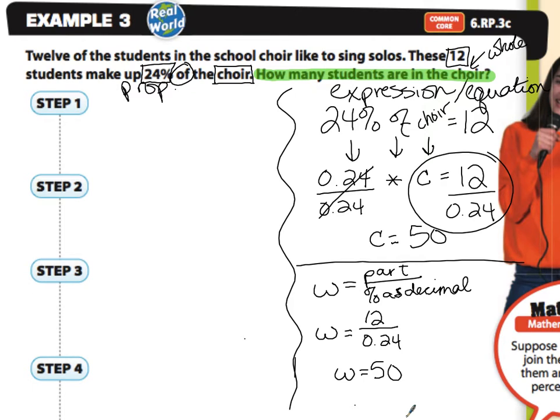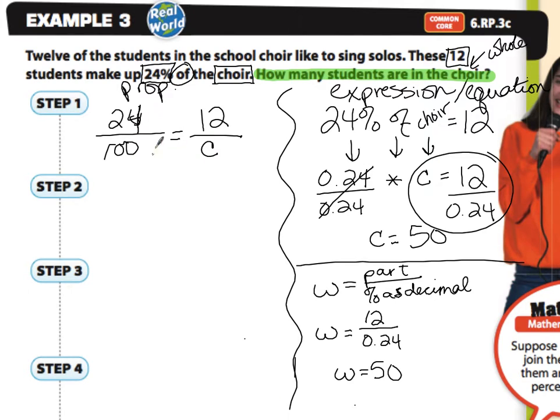Let's go back to the proportion, as I'm sure you're all begging me to because you like it better because it's always easier. Okay, we have 24%, so that's out of 100, is equal to my part is 12, my whole I don't know. And again, I'm going to use C because it's choir and I want to change it up.